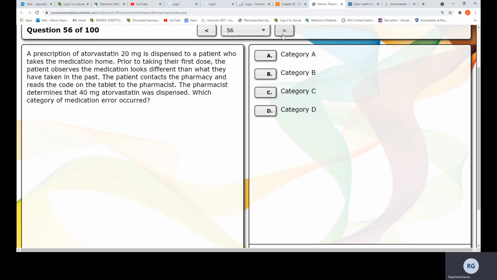A prescription of atorvastatin 20 milligrams is dispensed to a patient who takes the medication home. Prior to taking their first dose, the patient observes the medication looks different than what they have taken in the past. The patient contacts the pharmacy and reads the code on the tablet to the pharmacist. The pharmacist determines that a 40 milligram atorvastatin was dispensed.